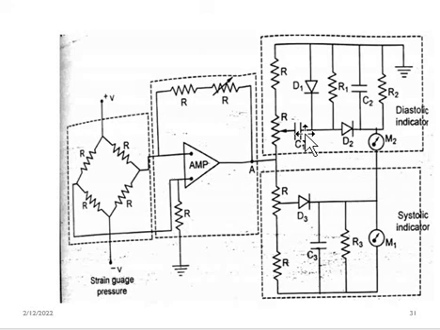At that time the capacitor C2 will get charged, because diode D2 will be in reverse bias and diode D1 will be in forward bias. Therefore it is acting as a clamper circuit, and that charges the capacitor C2, and that is indicated as the diastolic pressure.